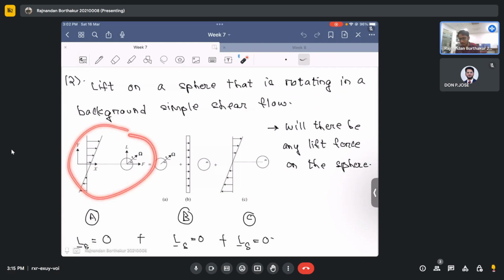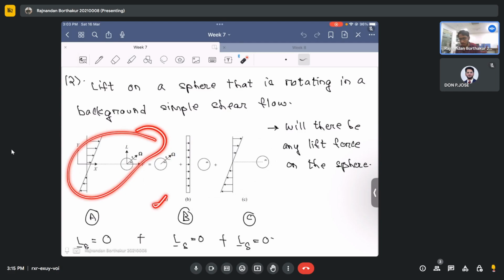Then we again saw that on account of the linearity, a complex problem, for instance a rotating sphere subjected to a linear shear flow, can be decomposed into three simpler problems. The idea was to evaluate the lift force on this sphere. By decomposing the entire problem into three simpler problems, the individual lift forces were zero.